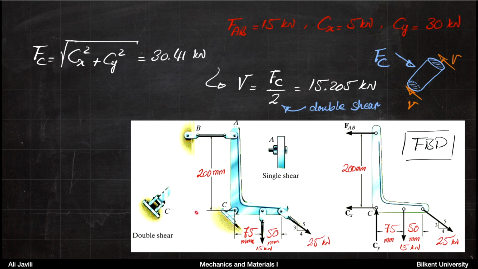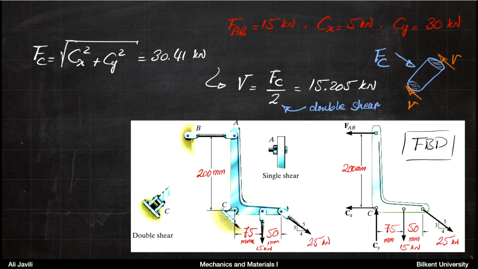Now, because the pin at C is a double shear pin, you are dealing with something like this. Basically that means the pin carries the whole force Fc on its two sides.